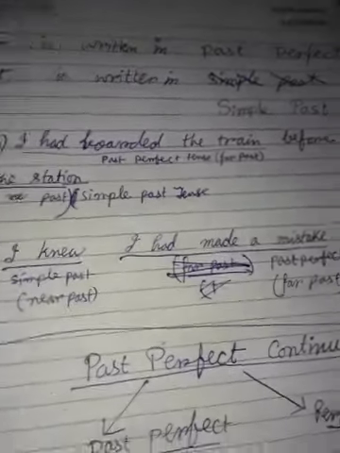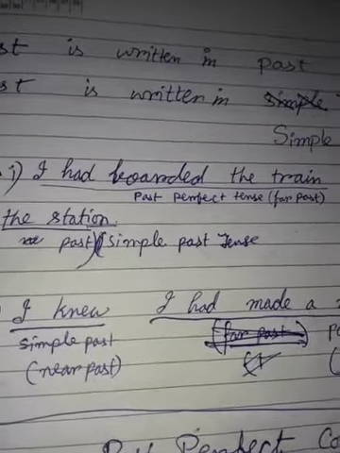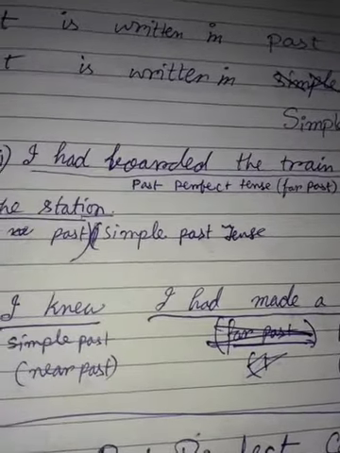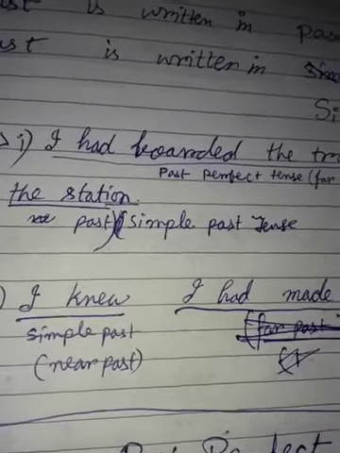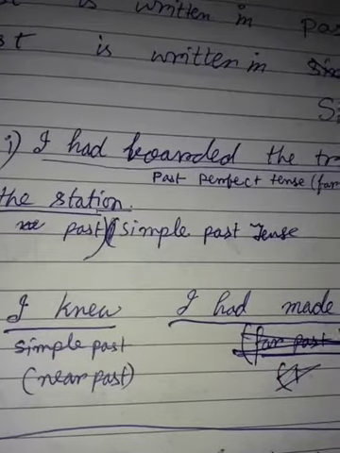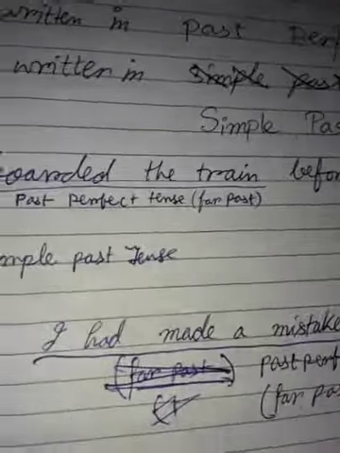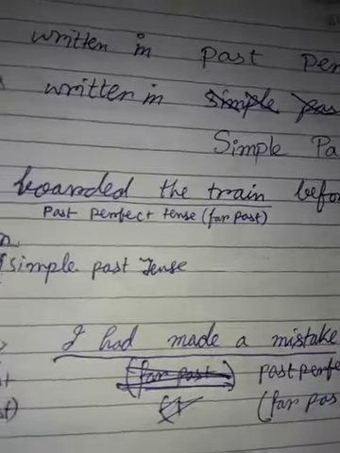Now both these events happened in the past, but one event happened earlier, the other event happened later. So the event that had happened earlier is far past, and here it is I had boarded the train.